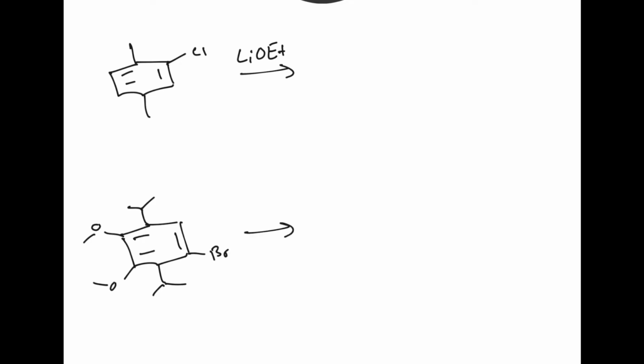You're only getting 1 benzyne. Oh, should throw the heat on there. There we go. All right, so you're only going to make 1 thing because there's only 1 benzyne that you can make.